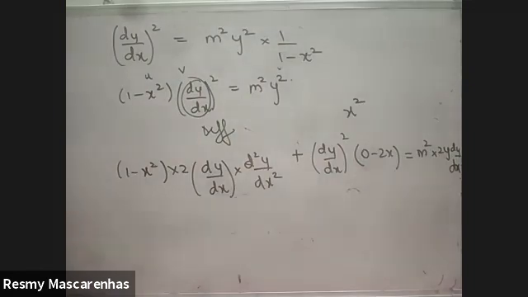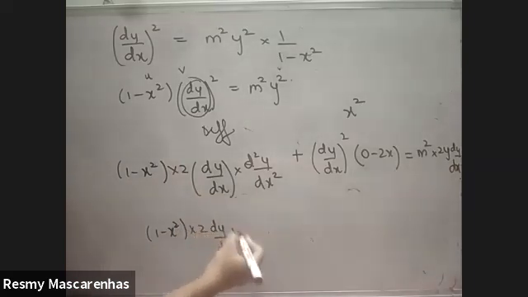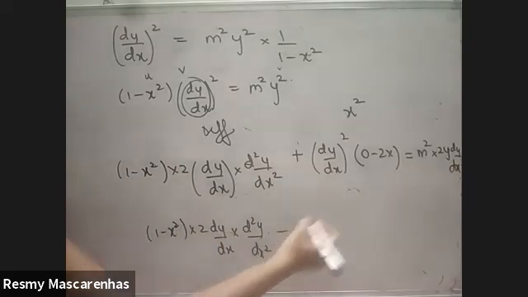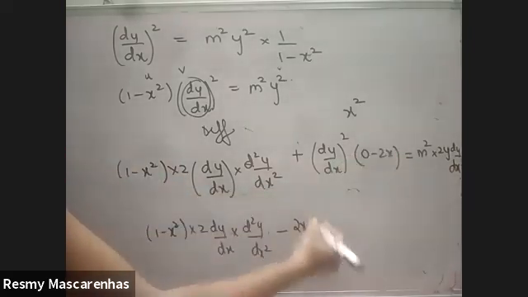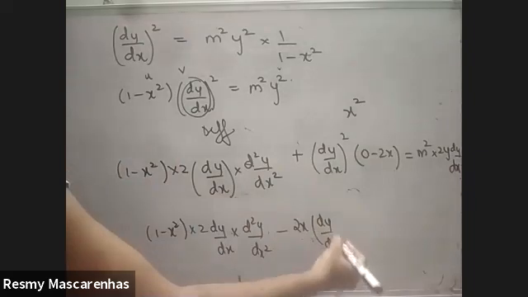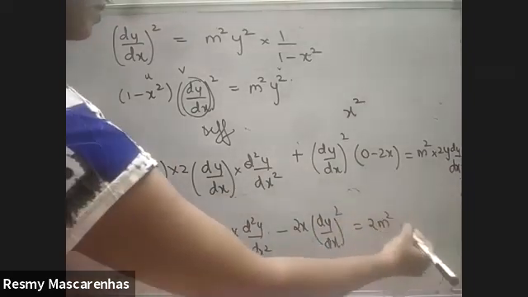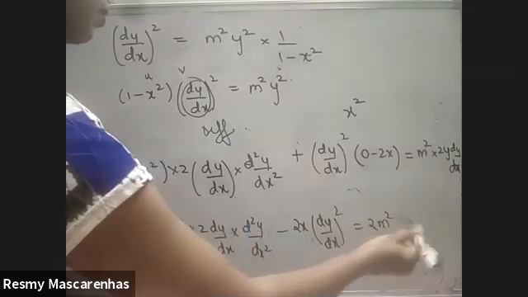If you want, you can write it nicely first. Simplify. So just writing this side, then minus overall 2x dy upon dx the whole square is equal to 2m square y dy by dx.